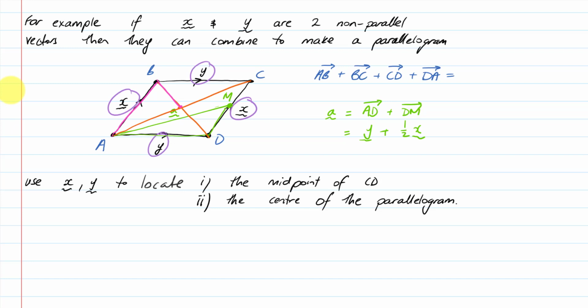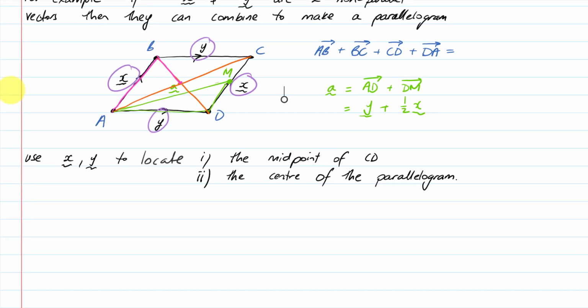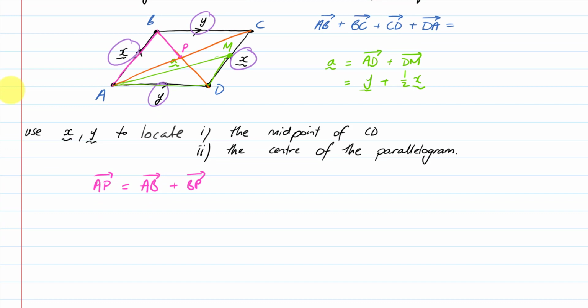We'll call the centre P, since we've already used M. So we want to know what vector AP is equal to. AP is equal to AB plus BP. That's all good. We could do, mind you, AD plus DP, or we could even do AD plus DC plus CP. So try it out. You should get the same thing in every case.